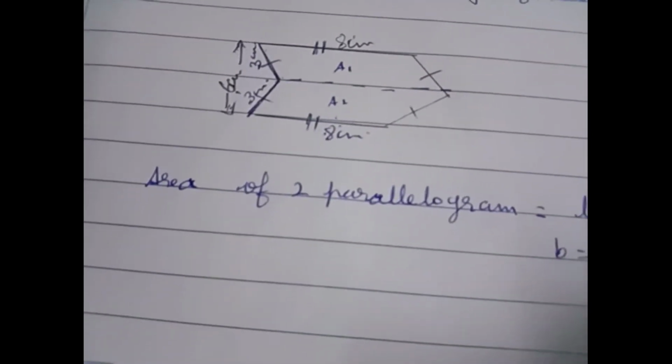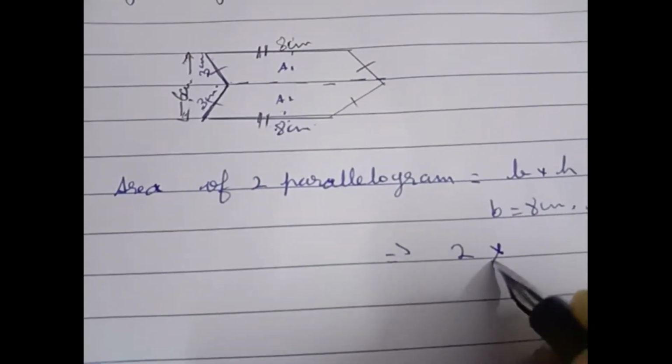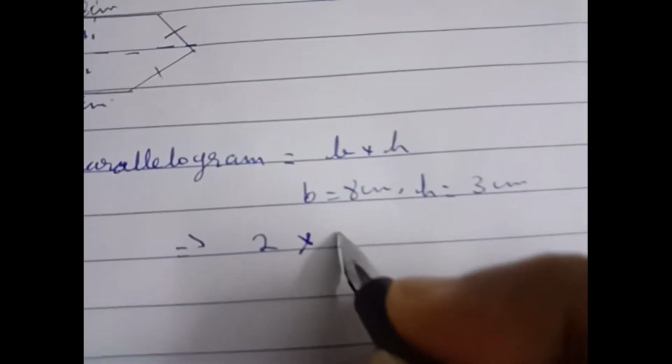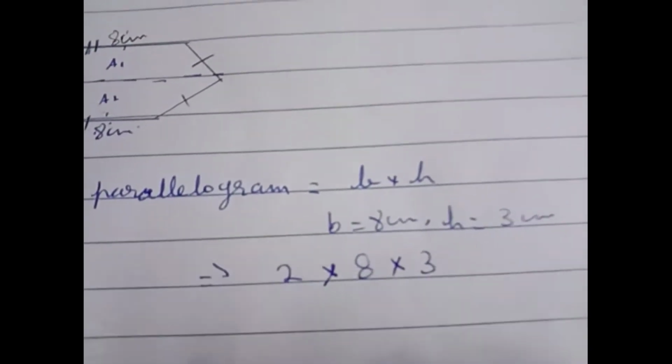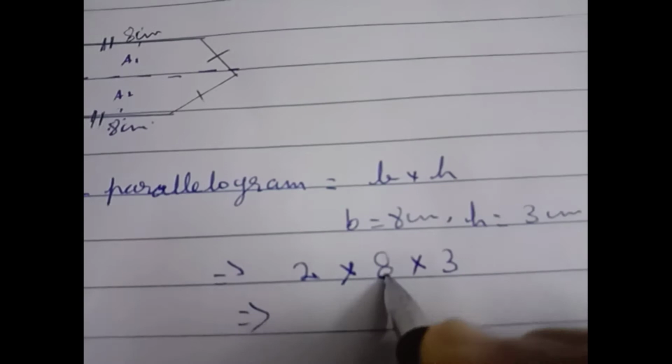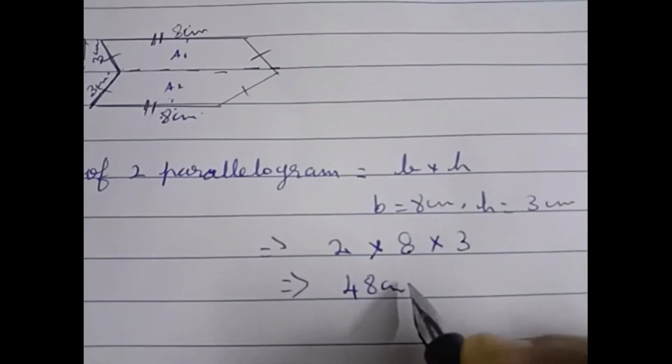B value is 8 centimeter and height value is 3 centimeter. As you get two parallelogram, therefore 2 into parallelogram formula is base 8 into height is 3. 2 8s are 16, 16 3s are 48 centimeter square.